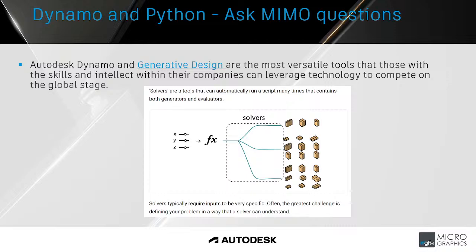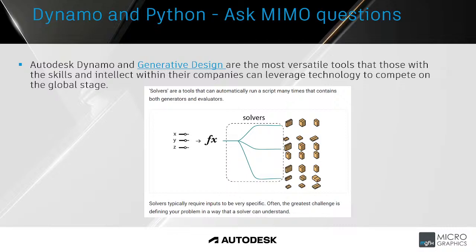And then we're going to go on to what you can do with your AEC collection. First of all, Autodesk Dynamo and Generative Design are the most versatile tools for those with the skills and intellect within their companies to leverage the technology to compete on the global stage.